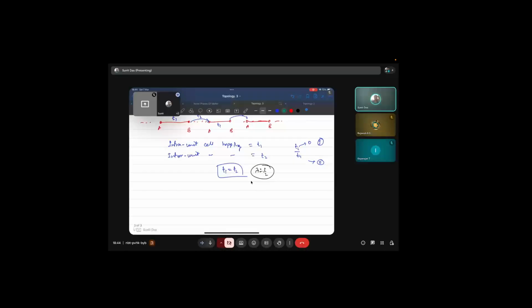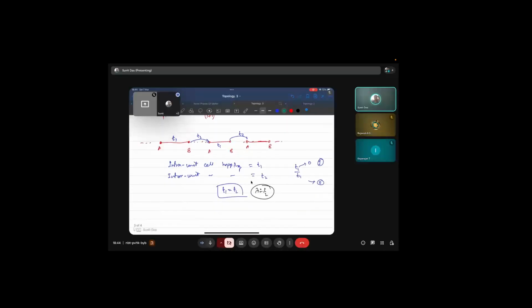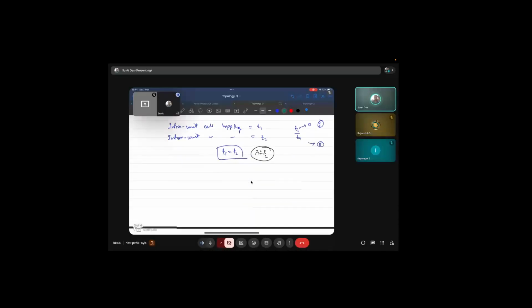Now let's add another term in the Hamiltonian, or the system. Remember that earlier our Hamiltonian H(k) was 0, and then 1, lambda minus t in front of it, plus 1 minus lambda e to the power ik, or it was minus here, and then lambda plus 1 minus lambda e to the power ik, 0, right?